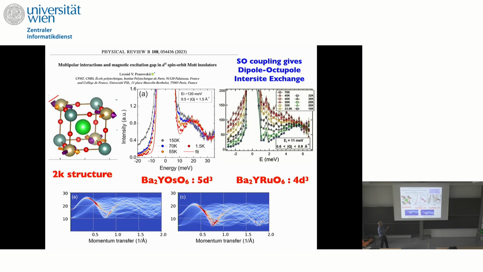You've got the magnetic dipole moments in purple on the osmium site and the octupolar moments in orange. I think that's the code. At any rate, this 2K structure is a coherent superposition of two 1K structures. And of course, you can also get 3K structures as well.